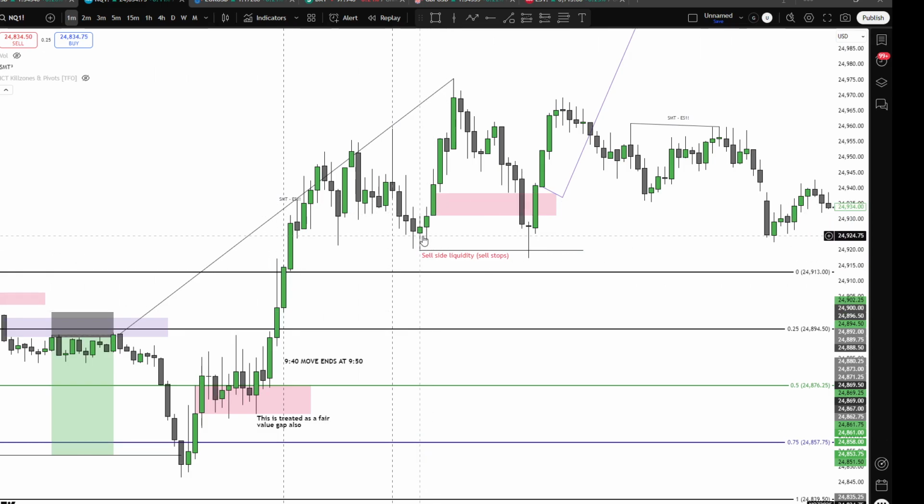Now when we had the news, the medium impact news, we displaced lower. You see this rejection? With no fair value gap, do not attempt to sell it. So I waited for displacement higher, but there was no chance of immediately retesting this gap.